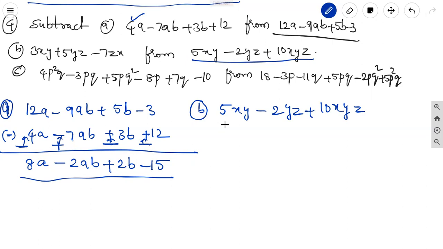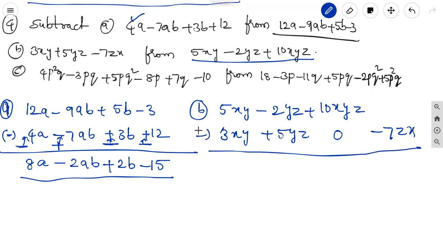Right, here 3xy. Next yz term means below yz we write plus 5yz. It is minus 7zx. Subtract from one to another, subtraction.